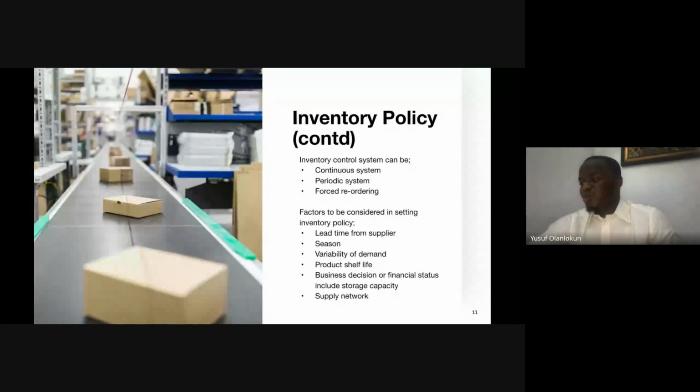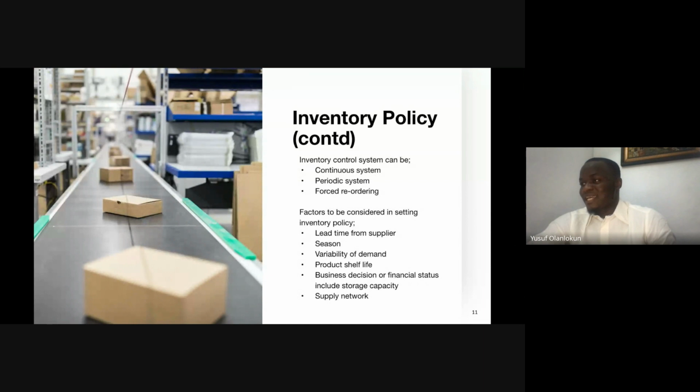I'm just going to run through this because we've really discussed them. The replenishment plan, in terms of your inventory control, can either be continuous, periodic, or forced reordering. From the last slide that I showed, you saw that it is possible to be out of stock before the end of the month.